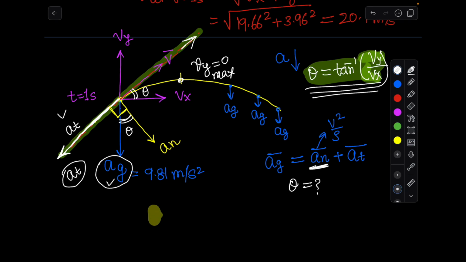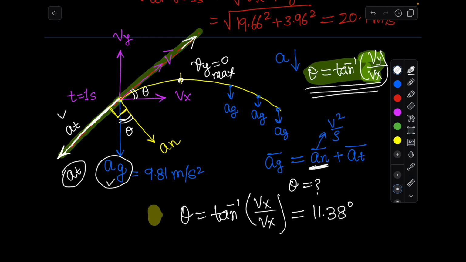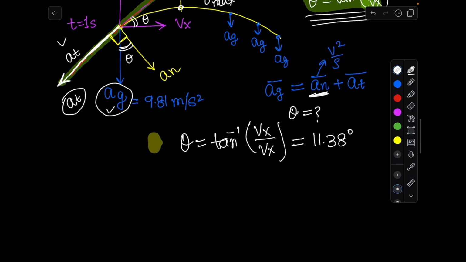Moving on, here I will write theta. Theta is equal to tan inverse Vy upon Vx. Put the values you just calculated, and the angle is 11.38 degrees. Now based on this theta, our task becomes easier, because this theta is known and we can easily calculate AN.